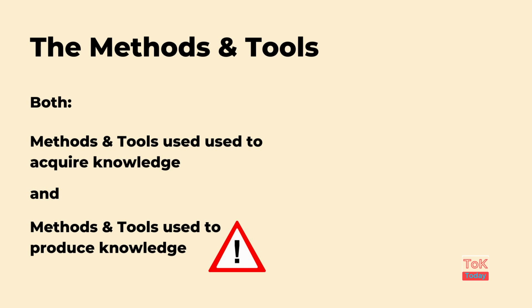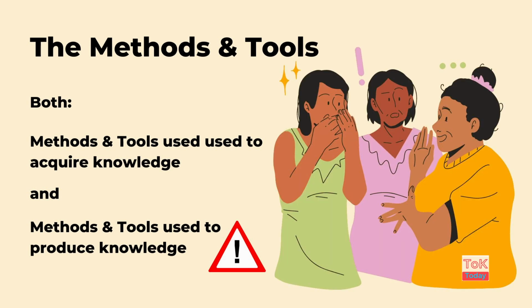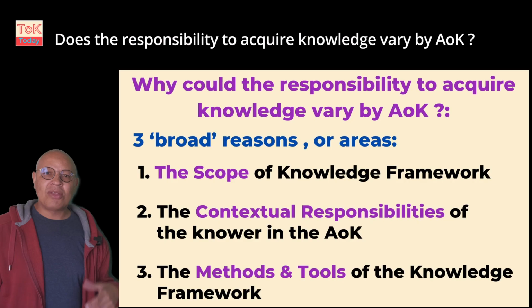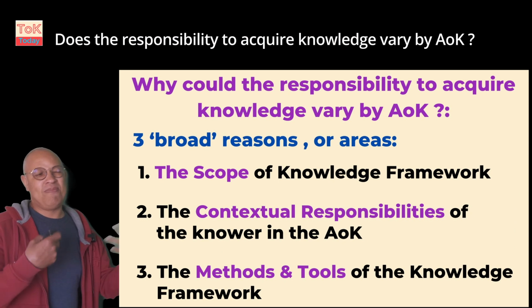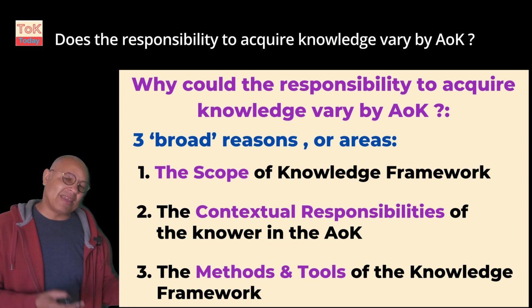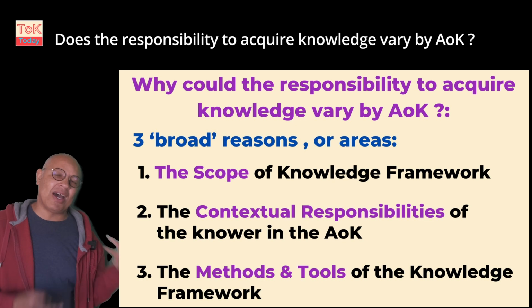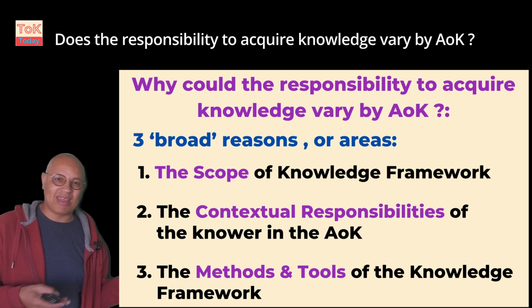However, if you imagine a situation in which a knower takes action based on a rumour that they've read on Twitter, now known as X, the method of acquisition may not be deemed as reliable nor objective as an academic research paper, for example. So you get the idea that there are these 3 broad ways that we can think of the responsibility to acquire knowledge as varying according to AOK.